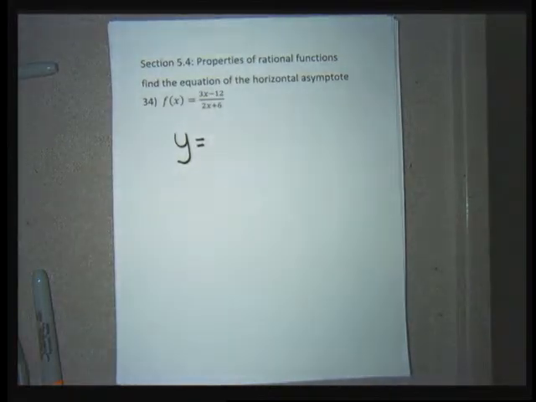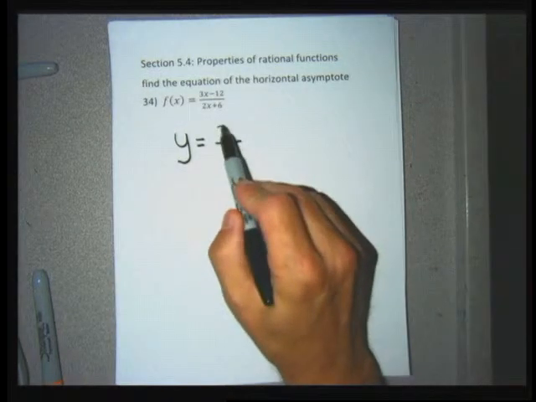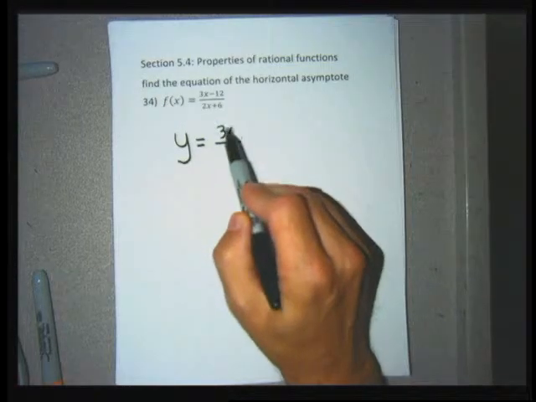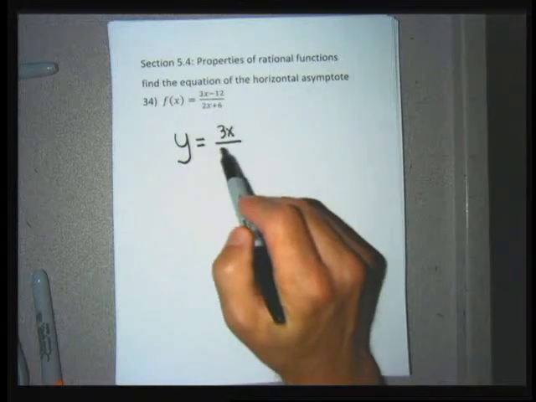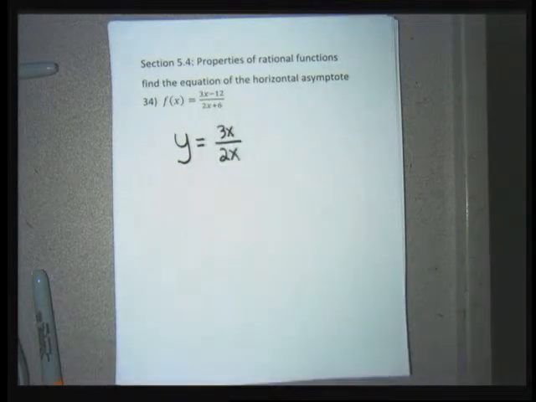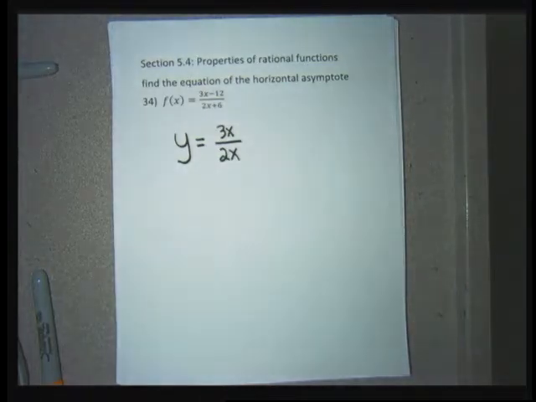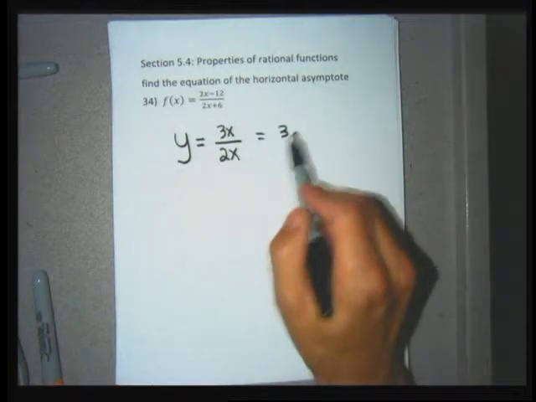To find the equation, you divide the leading term in the numerator, which is the 3x, the term with the highest exponent, by the leading term in the denominator, 2x. Reduce that fraction, the x's cancel, and I'm left with 3/2.